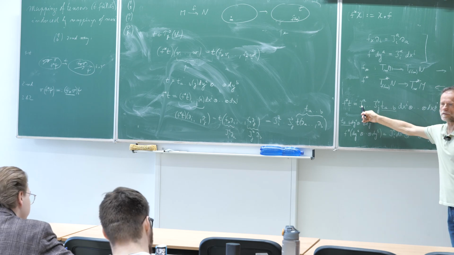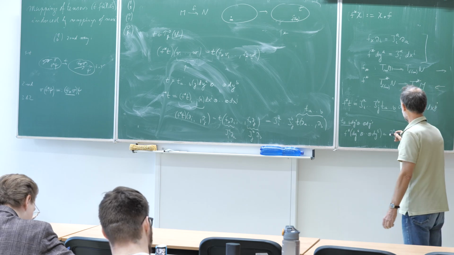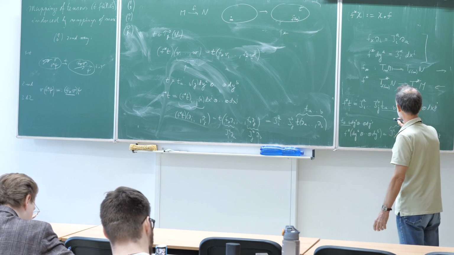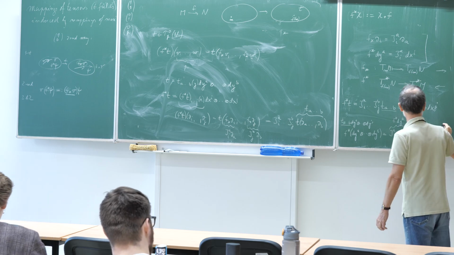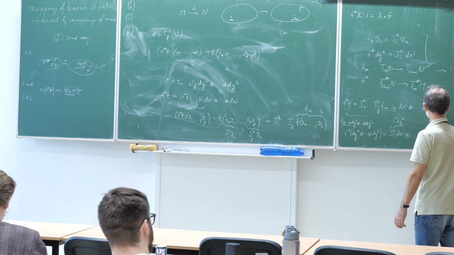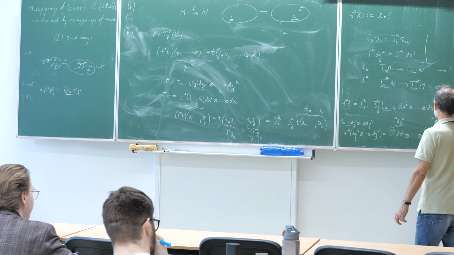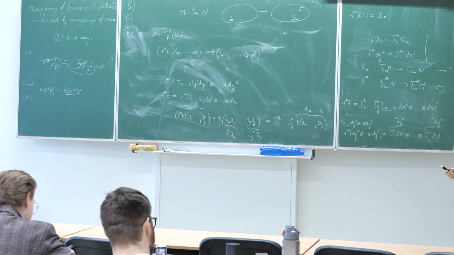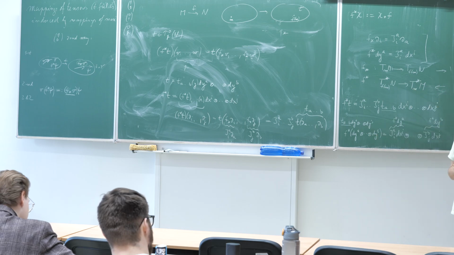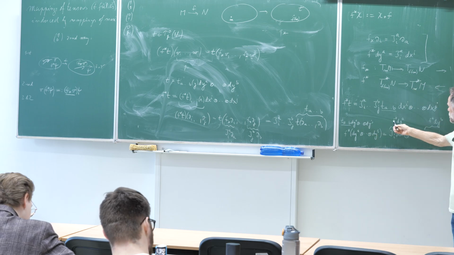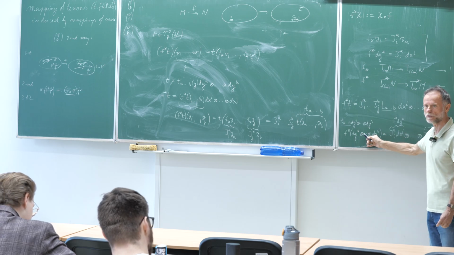Either you can write it with J's completely in the beginning or here. But it is interesting that it is the pullback of dy^a, and this is the pullback of dy^b. So we see that the pullback just goes to each member of this product. Yes, it is the pullback of the first, tensor multiplied by the pullback of the second, and so on.